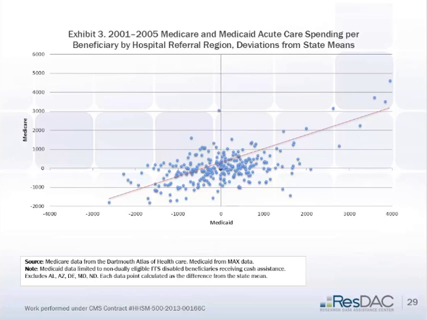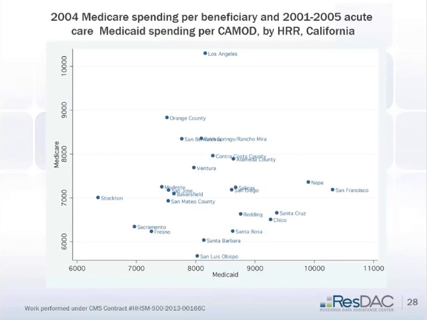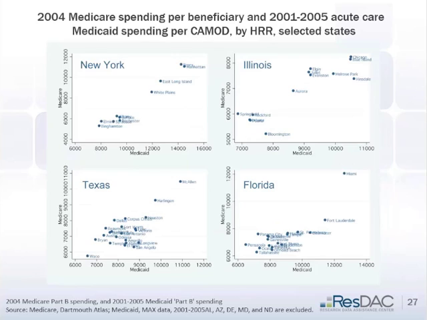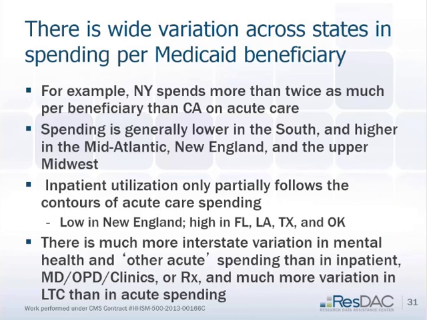So I think with the exception of some places like California, which might be one of these little dots that are way off the line, a lot of states within them do match pretty well, the Medicare and the Medicaid. So from these studies, we found wide variation in Medicaid spending per beneficiary.